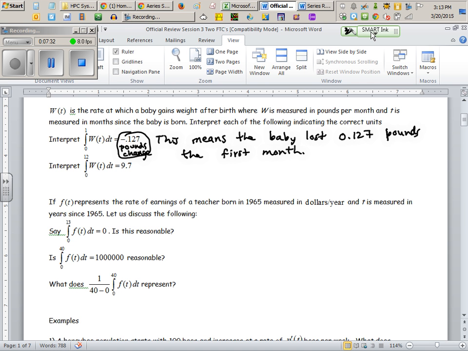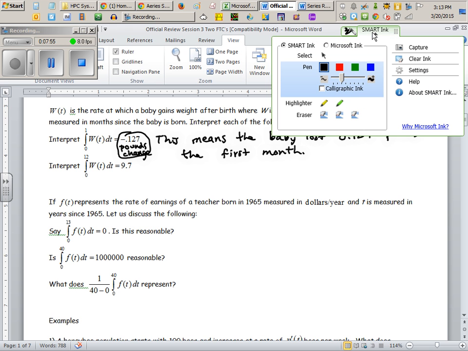We just know that the change in weight was 0.127 pounds and lost. So actually our sentence, we should probably even tidy it up a little more. It means the baby lost a net weight of 0.127 pounds. That just means anything could have happened, but in the end it was a net loss. A net loss. So it's really important that you word it correctly.